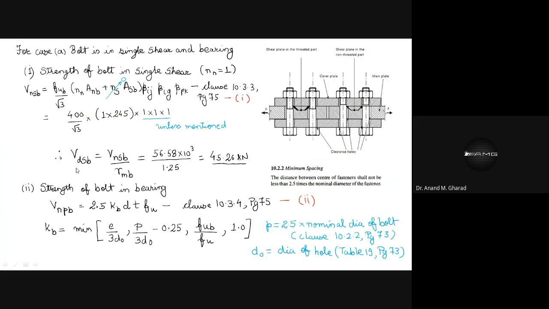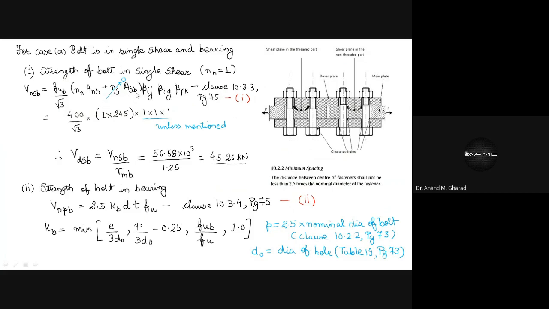So you are supposed to consider, look, this is very important, unless and until it is mentioned or such a figure or condition is given, you are supposed to consider the shear planes to be intersecting the threads. Okay? So that we can eliminate this NS term, unless and until it is given. That will be based on the condition. I hope this is understood.